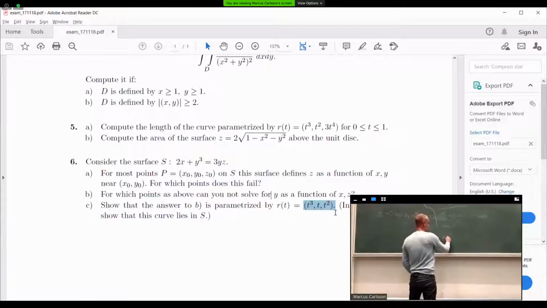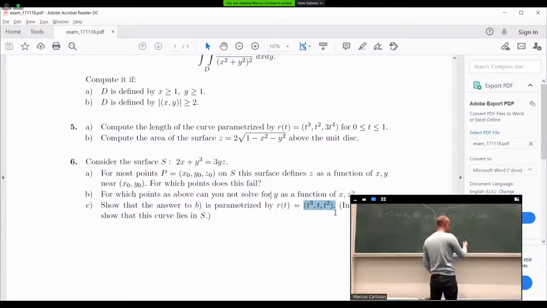So I can set c equals t. So I just changed the name of the variable basically. Then this equation system tells me that, okay, if I want points where the implicit function theorem doesn't tell me that I can solve, sorry, all right, I'm doing it the other way around.